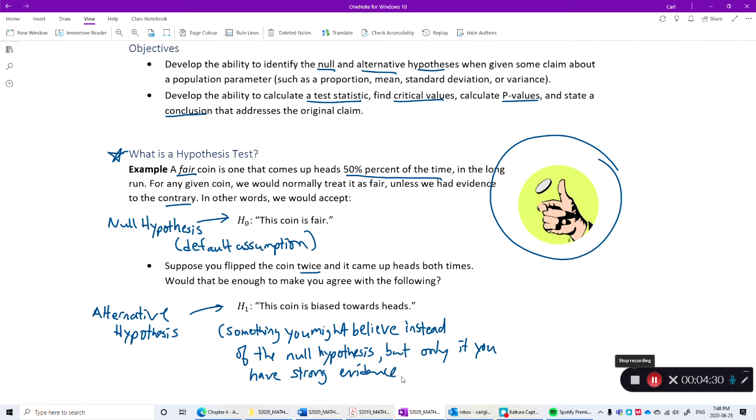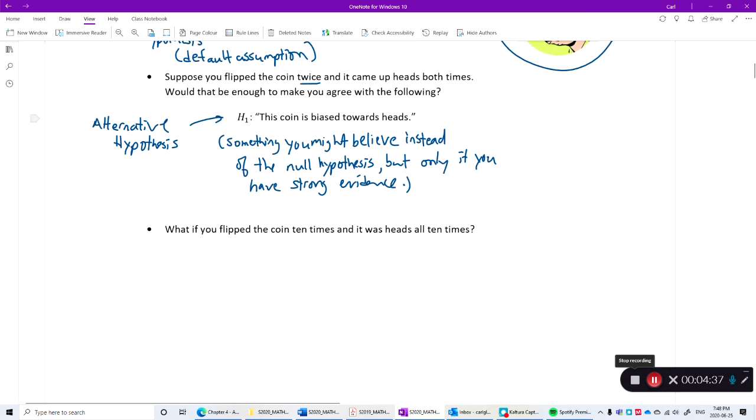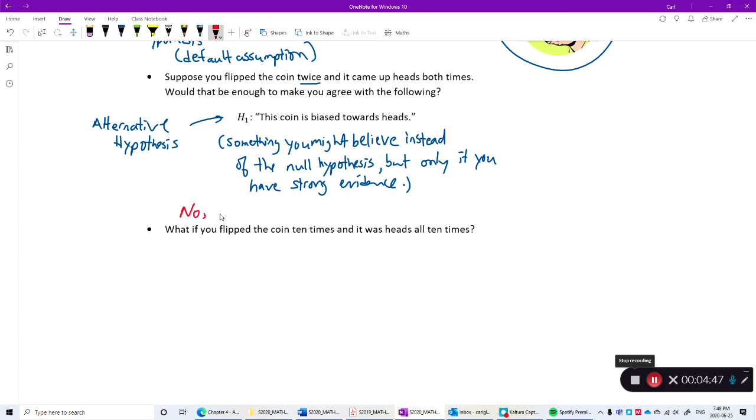And think about this now. If you flip a coin twice and it's heads, is that strong evidence that it's biased? No, right? Because you could very reasonably get 2 heads just by random chance, even if it's fair. So probably we would say, no, it's not adequate evidence.